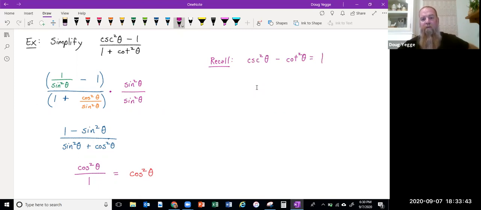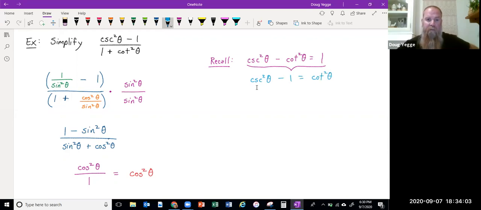So if I were to simplify this in a few different ways, I can manipulate this equation by subtracting 1 and realizing that cosecant squared theta minus 1 is actually cotangent squared theta.